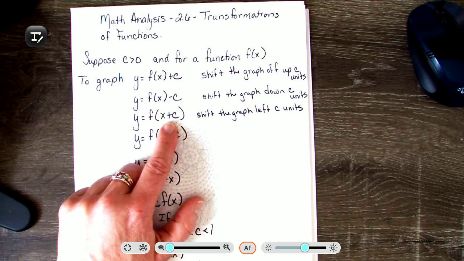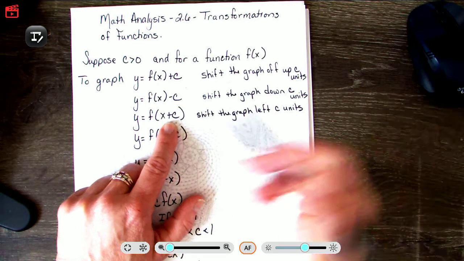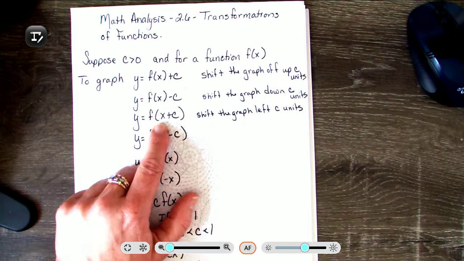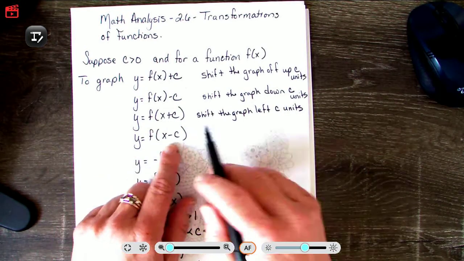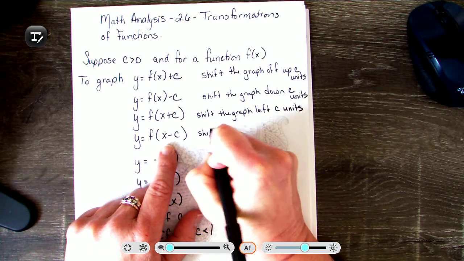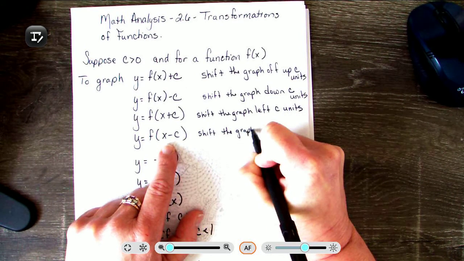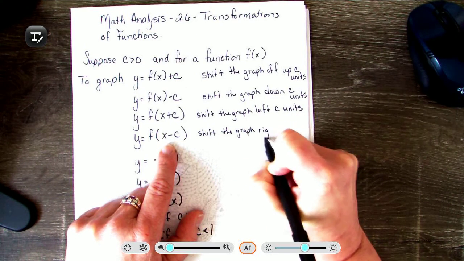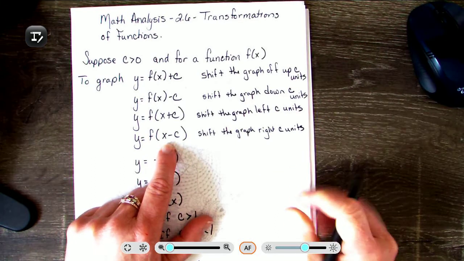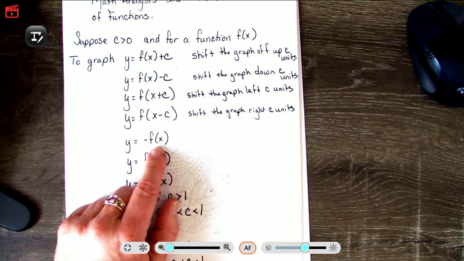We think going to the right would be for the plus, but if we're inside, we're affecting the x values, and we're going to shift them opposite. So here we're actually shifting the graph to the right, c units.